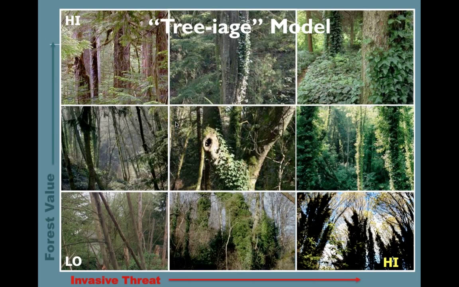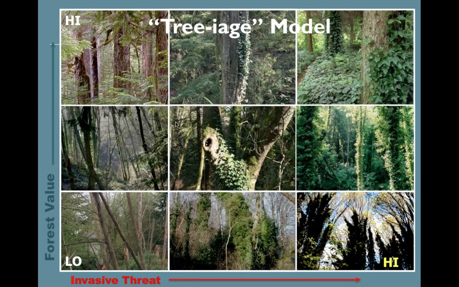So this sort of gives us a picture of the different states that the forests are in. And you can see up at the top, I can move my cursor over there, that's our highest value forest with the highest amount of invasive threat. And so that's really something we want to know. We want to know where those areas are so that we can perhaps tackle those first.